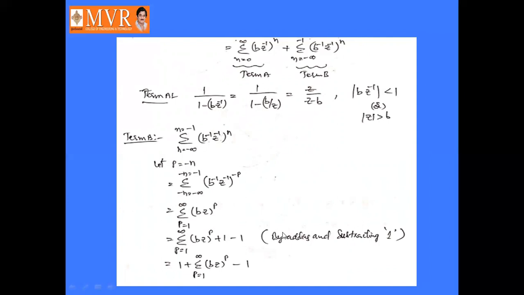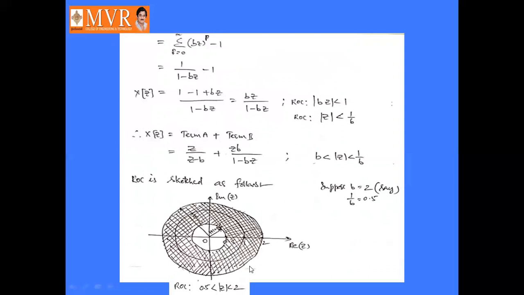By adding 1 and subtracting 1, it becomes 1 plus the sum from p equals 1 to infinity of (bz) power p, minus 1. So it is the sum from p equals 0 to infinity of (bz) power p, minus 1, or 1 by 1 minus bz, minus 1, which becomes bz by 1 minus bz, with mod bz less than 1, or mod z less than 1 by b.